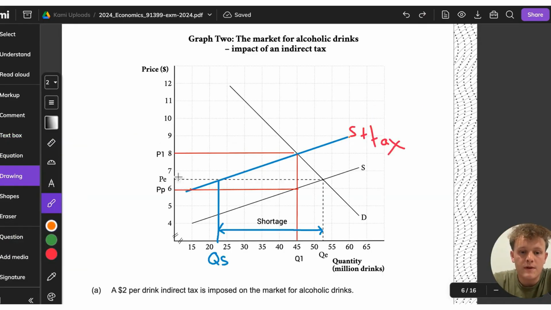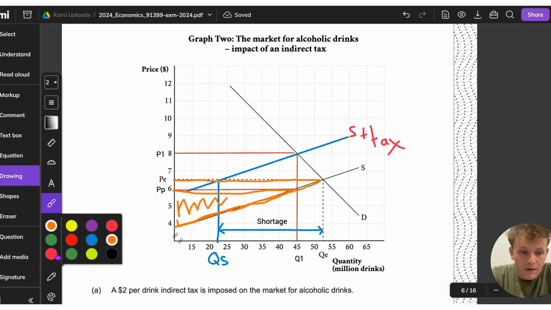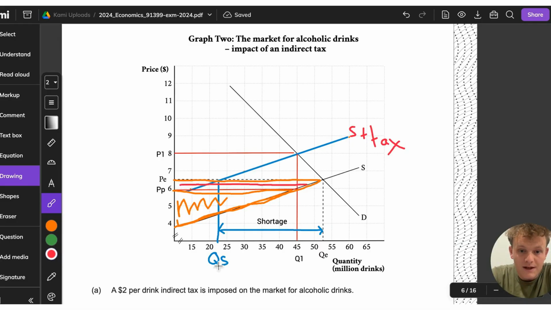Producer surplus is the difference between the price and the supply curve. And even when a tax is added, the supply curve remains the same. So the new price is $6, or 50 cents less. So this all remains the same. And then this rectangle plus this little triangle is the area lost.